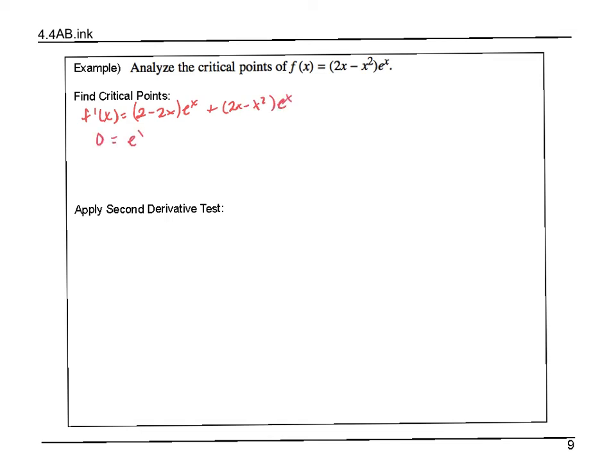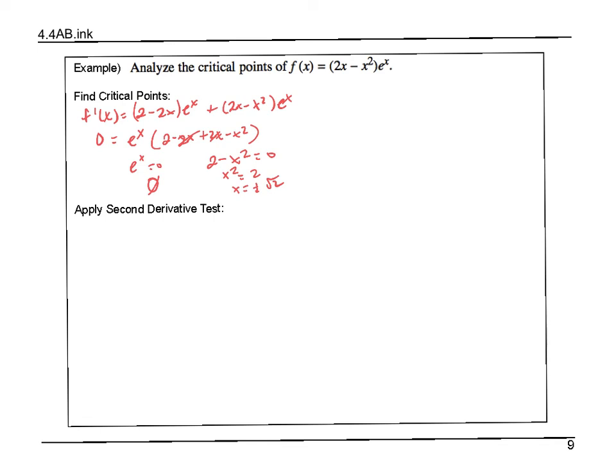I'm going to factor out the e to the x. Plus and minus root 2, e to the x never equals 0, then we can apply the second derivative test.